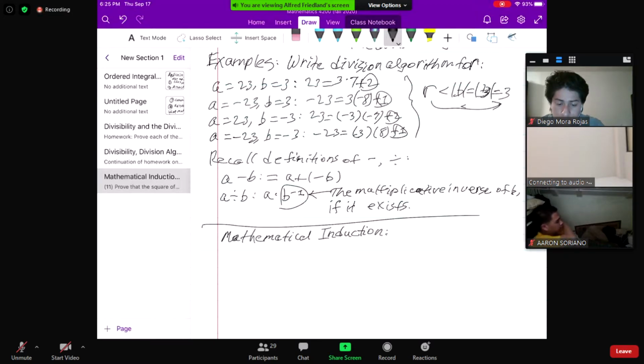I can give you a very simple example of a pattern that works as far as you want, up to 1,000, up to 1,000,000, whatever you want. Very simple example, but that doesn't prove that it always works.